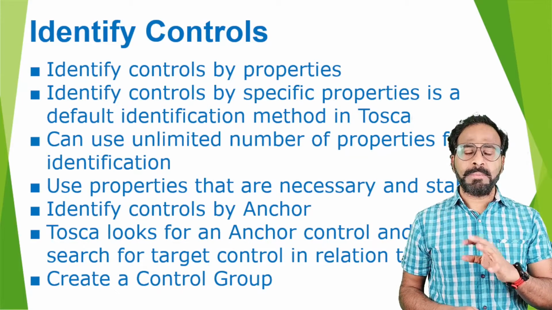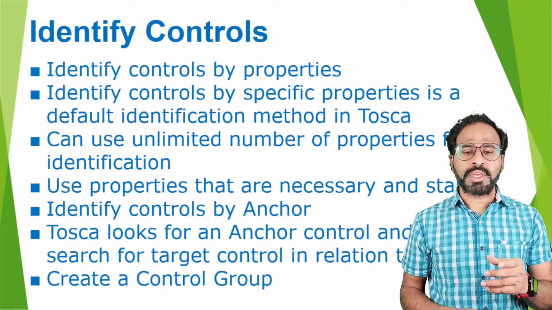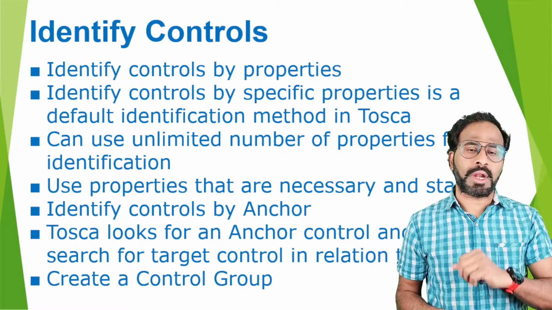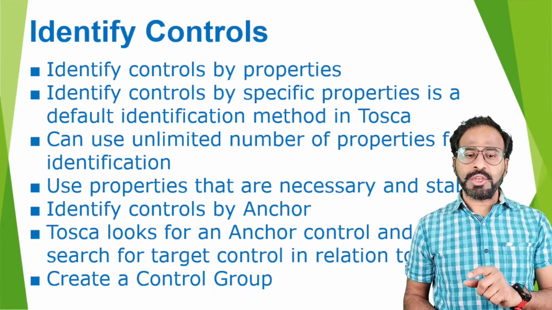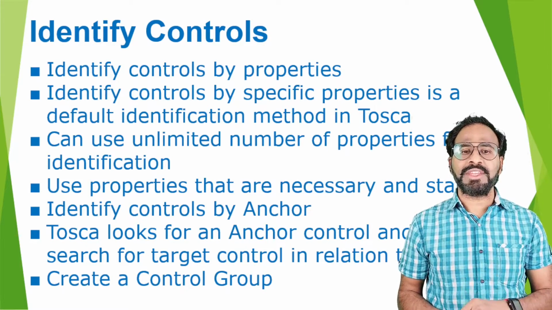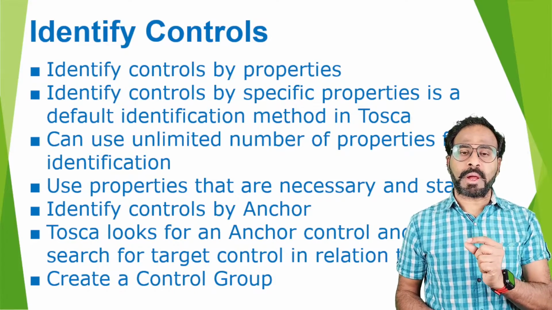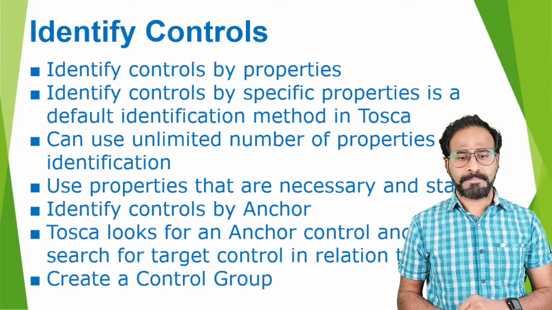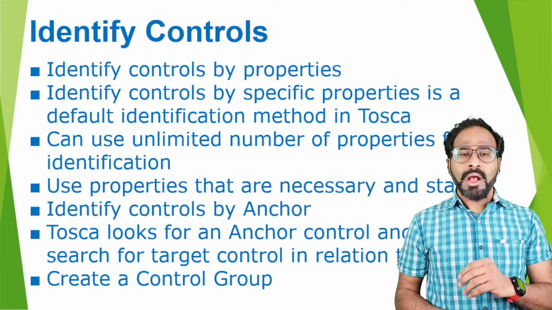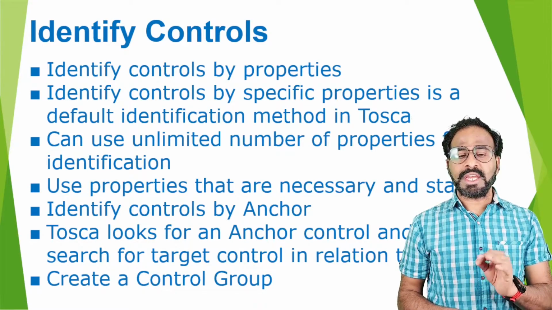Keep in mind that in general Tosca identifies all the controls by using properties by default, and you can use an unlimited number of properties for identifying your control. So I'm going to show you how you can use multiple properties in identifying the controls, and also use the properties that are necessary and stable.